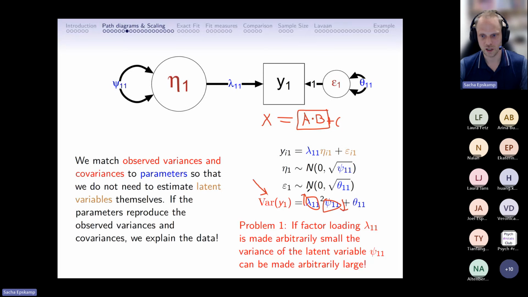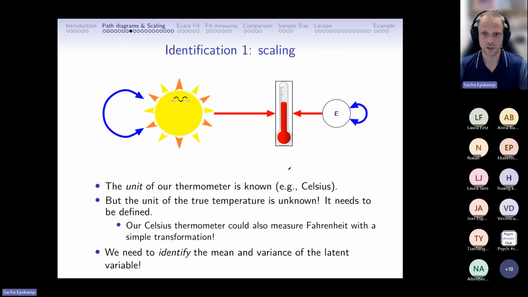So this is basically a times b, a is vector loading squared, b is the vector variance. If I make a 2 times bigger and I divide b by 2, it's the same result. Right? So there's no way I can ever solve this because this will give me the same result. So that's the first problem. And that's the problem of scaling.